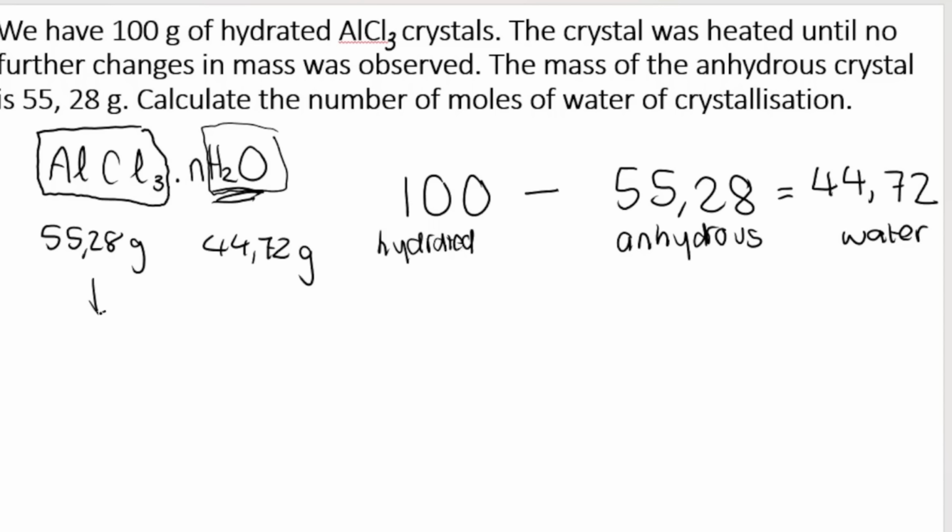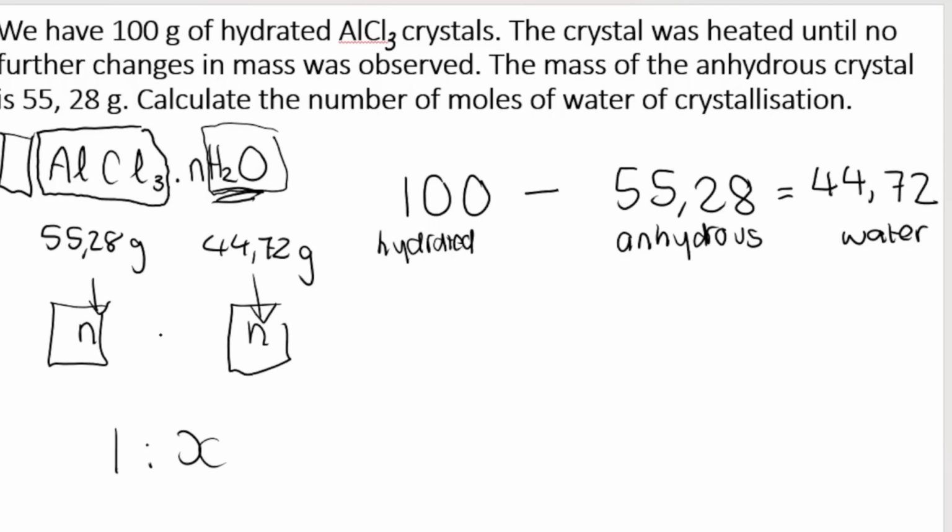So if I convert this to moles, and if I convert this to moles, I can put these two in a ratio. And if I simplify that ratio, remember what we're trying to do is get the ratio between our anhydrous crystal over here and our water. What this basically is, it's a 1 to something ratio. It's a 1 to X or a 1 to N ratio. So if I can simplify this moles to this moles in a ratio, simplify that ratio to get 1 to something, then I've got my answer.